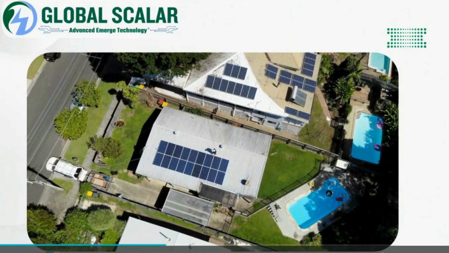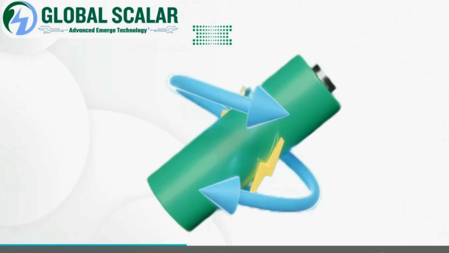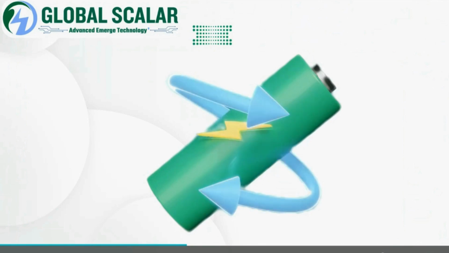Whatever energy we get from the different sources, we need to store in batteries. The batteries have lithium, zinc, and different chemical substances which store the energy.